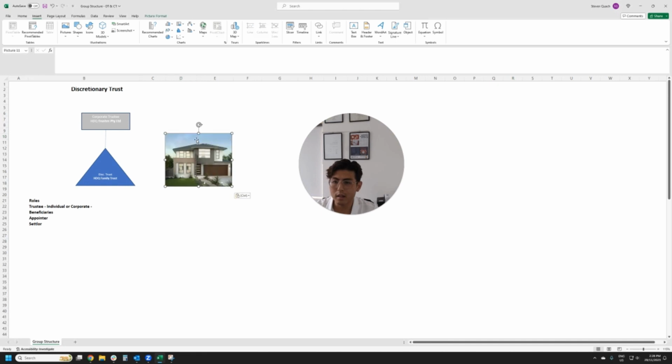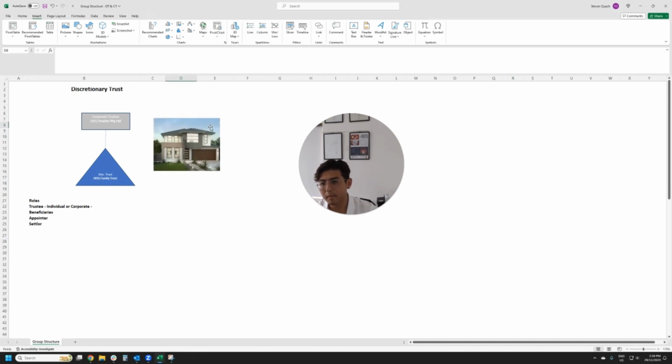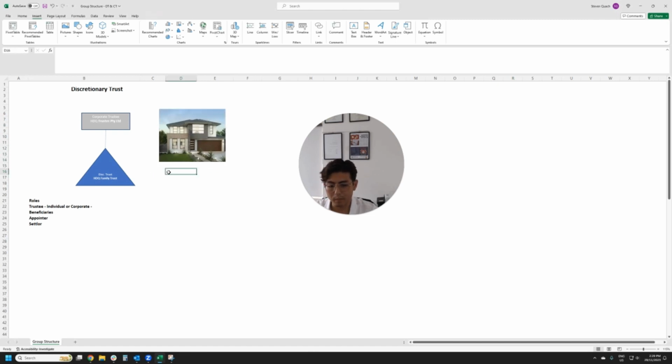This trust owns one little property that has no mortgage, that gets about, let's say, $20,000 in net rent after expenses. So the corporate trustee is the legal owner on behalf of the trust. The trust receives the $20,000 in net rent after all of the expenses.